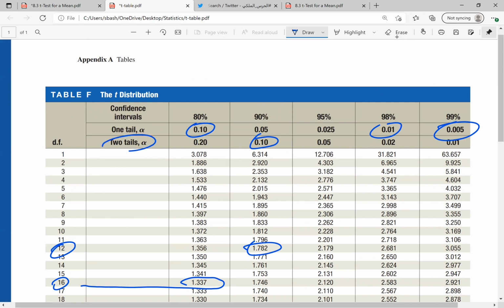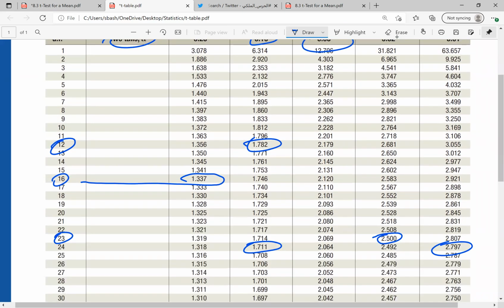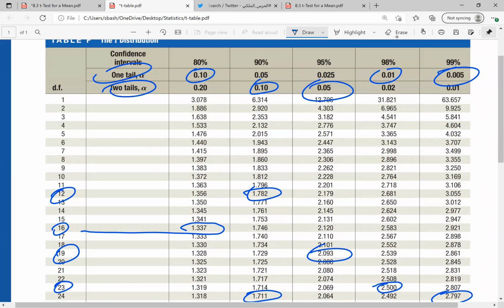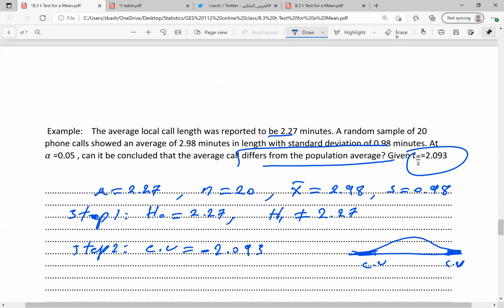We have two tail and we have one tail. If it is 0.05 and n equal to 20, we have to go for the degree of freedom, which is n minus 1 equal to 19. Go down for 19 and it will be this one. For the two tail, alpha 0.05, it is 2.093, which is the one given in this question.